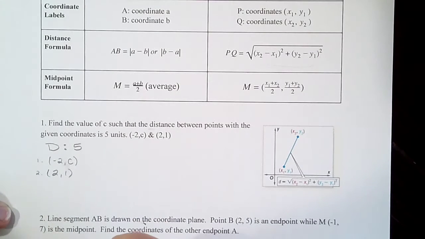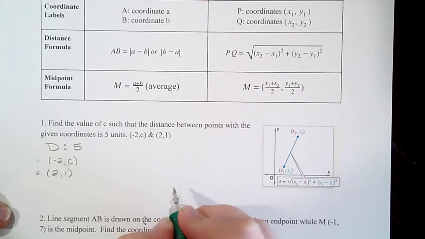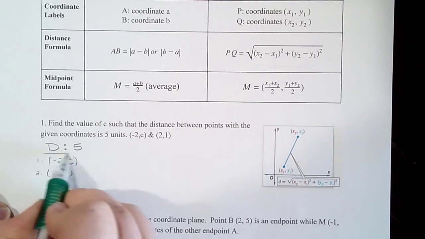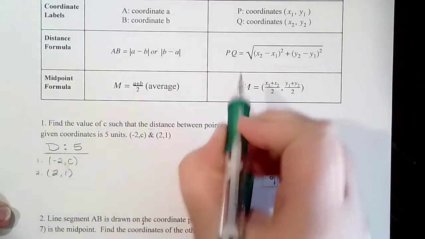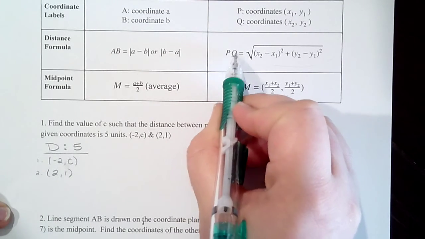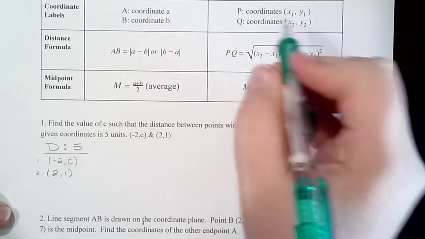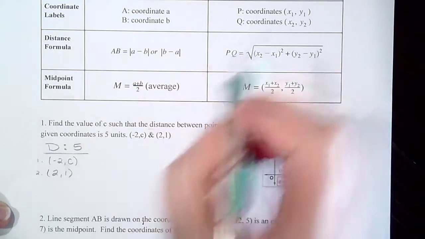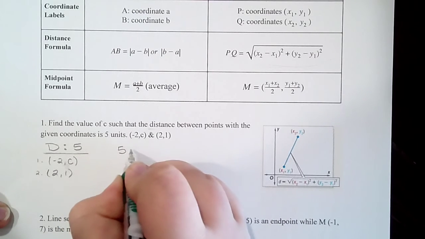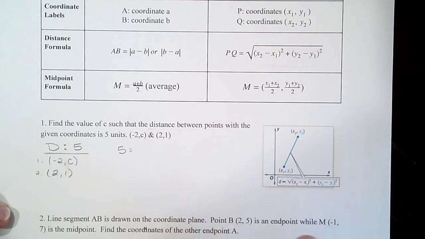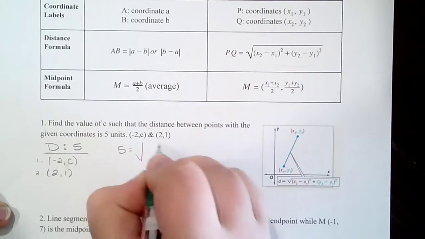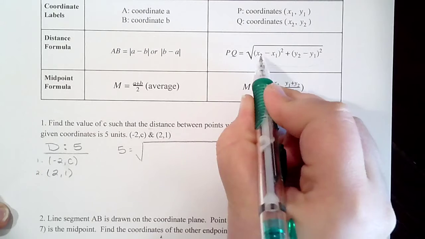From there, I'm going to plug it into the formula, except I need to figure out where this distance units comes in. Well, since I'm solving a formula for distance, even though this doesn't say distance, PQ is technically the distance between the 2 coordinates, and in this case, 5 is the distance between our 2 coordinates. So when I plug it into my formula, I get 5 equals the square root of x2 minus x1.